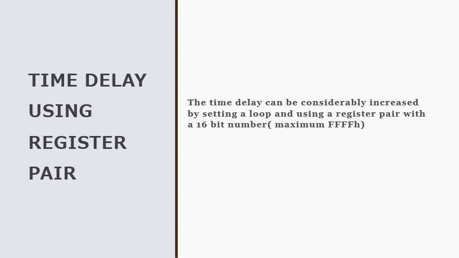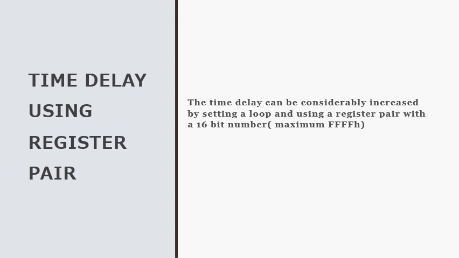Here, since we are using a 16-bit register pair for loading the count, by simply decrementing it we can't check the flag value, because the flag register does not tell when the 16-bit number becomes 0.